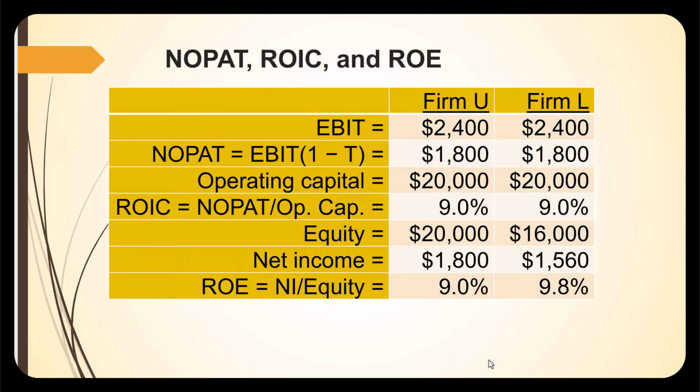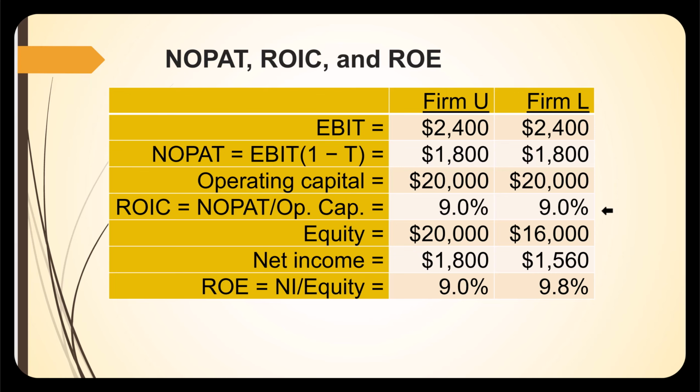How does this affect our numbers then? We see that the amount of debt we have does not affect EBIT. It doesn't affect the net operating profit after taxes. It doesn't affect operating capital. So therefore, it also doesn't affect our return on invested capital.